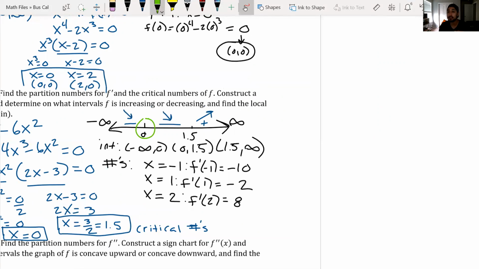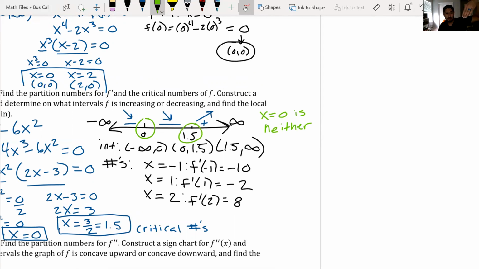So since there is no sign change, there is no max or minimum at 0. So 0 is nothing, right? So x equals 0 is neither. It's neither.